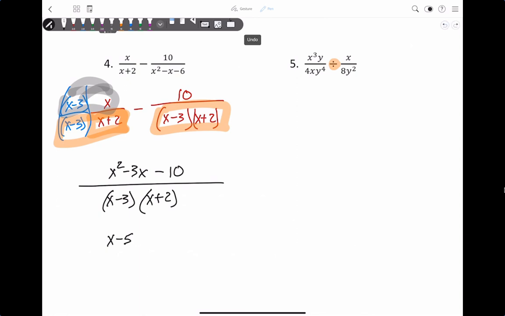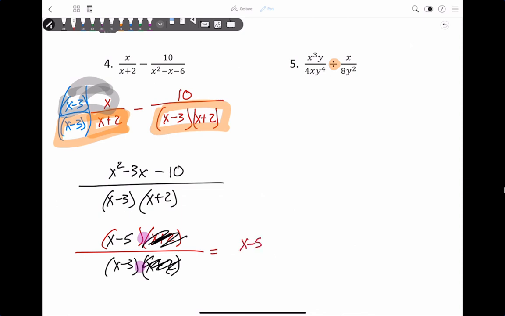And we have x minus 5, and x plus 2. And the common denominator that we had from before is x minus 3 and x plus 2. And you see, there's a form of 1 because right now, as it stands, only multiplication exists between these binomials. I can cancel the entire binomial right now. So my simplified leftover rational expression is going to be that right there.